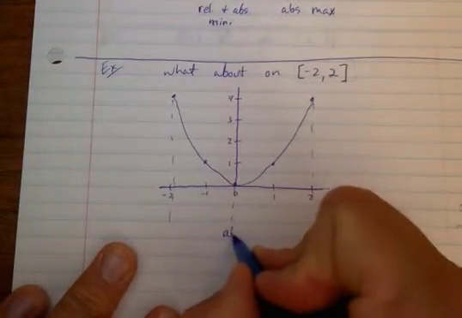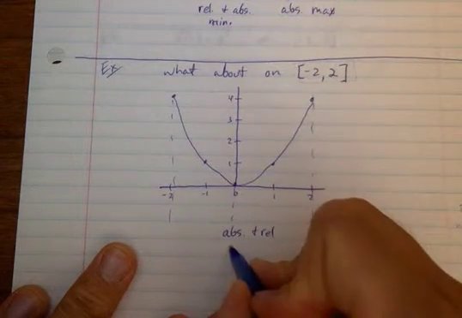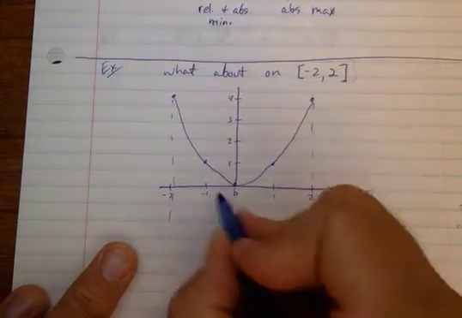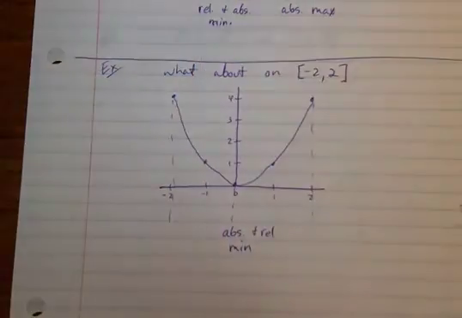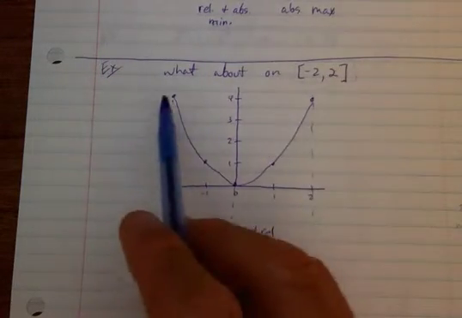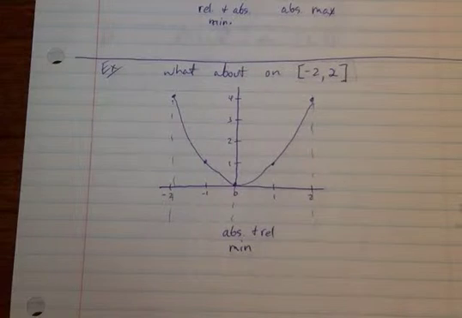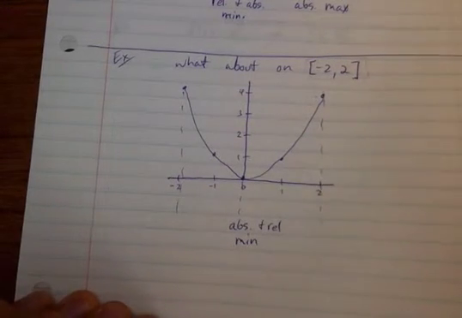This right here is an absolute and a relative minimum, right? Because there's nothing lower than it, and it has two sides. What about these? There is no absolute max because they're both equal. And they're not relative maxes either, so we're done. All we have right here is an absolute and relative minimum.